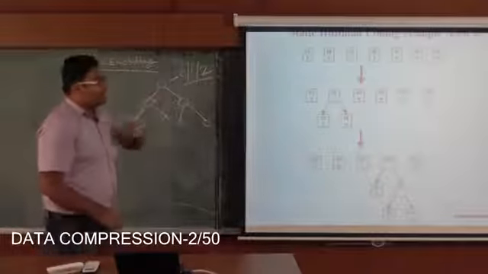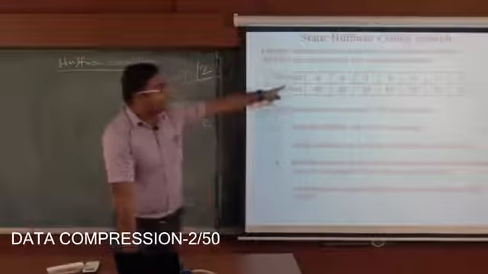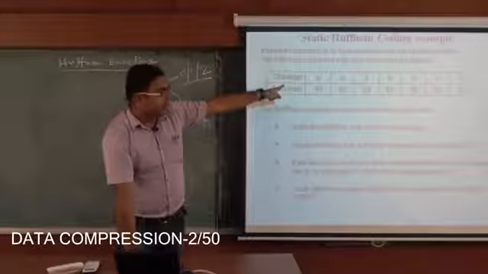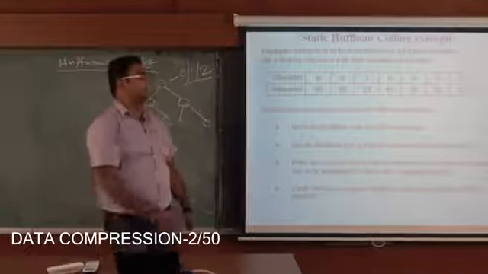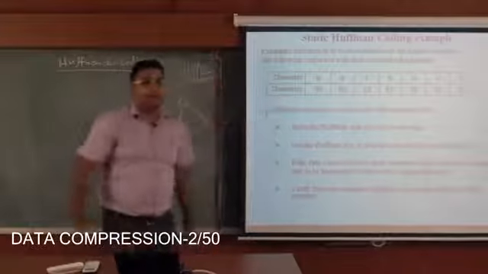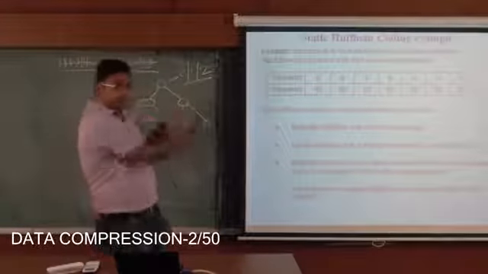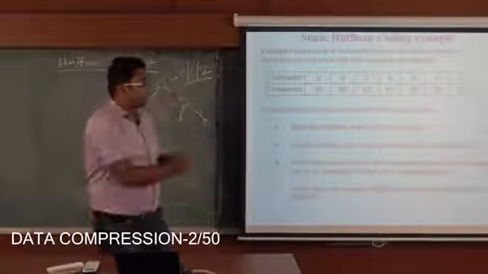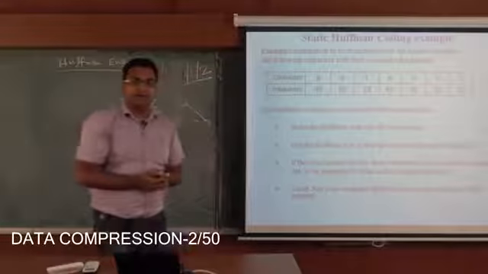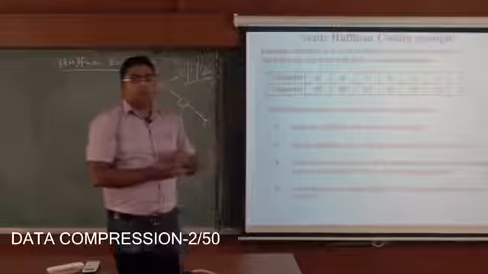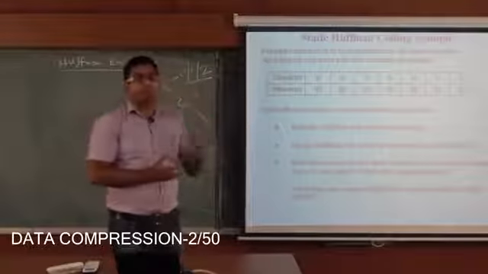Now for this Huffman tree, if we look at the data we have represented in the chart, these are the characters that are repeated multiple times in our text. The first step to build a Huffman tree, which is part of a binary tree, is to apply a sorting operation on this data.